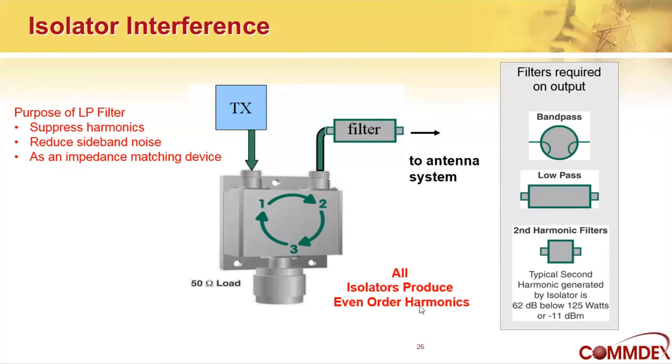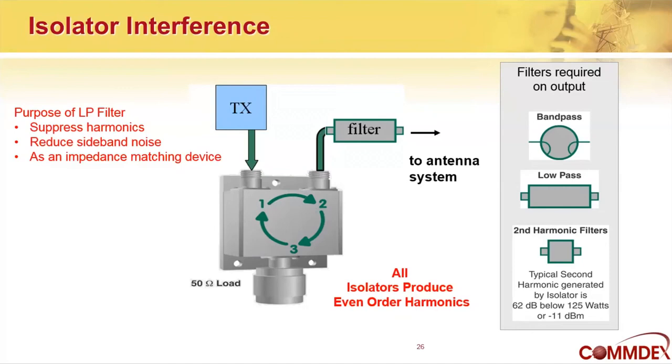we'll pick up on the slide where we were talking about isolators. And if you recall, an isolator is a 3-port device that is used to isolate a transmitter from an antenna. You feed the signal into port 1, it comes out port 2. One thing to note about isolators is, because they are hybrid devices using ferrite, they do produce some harmonics.